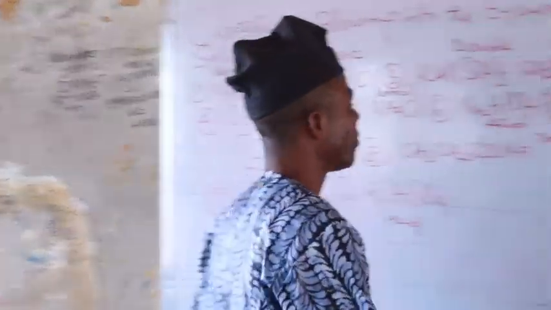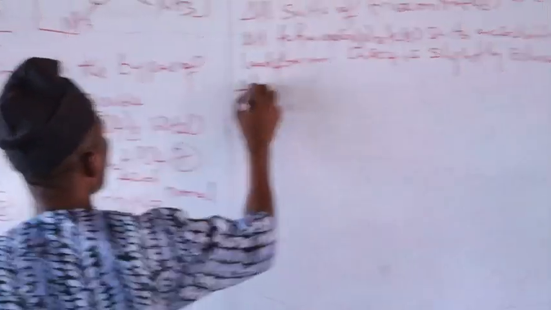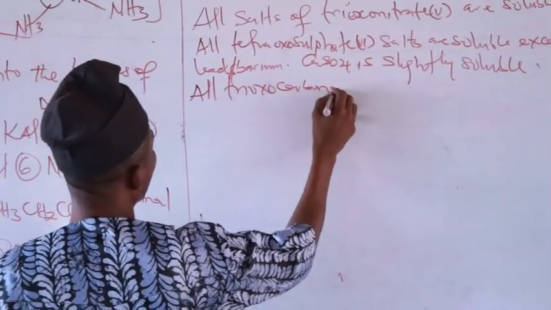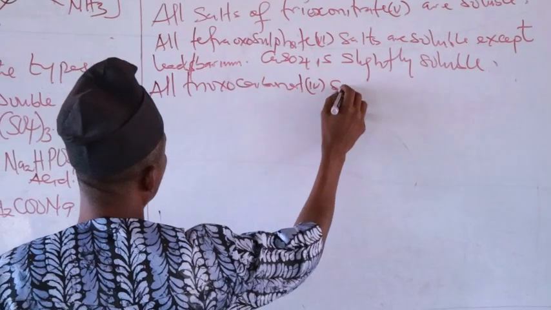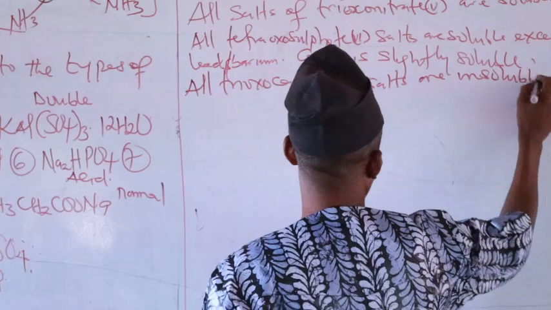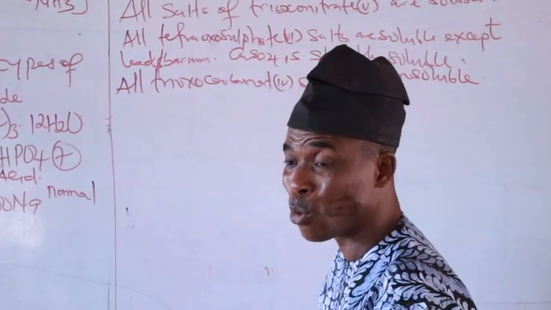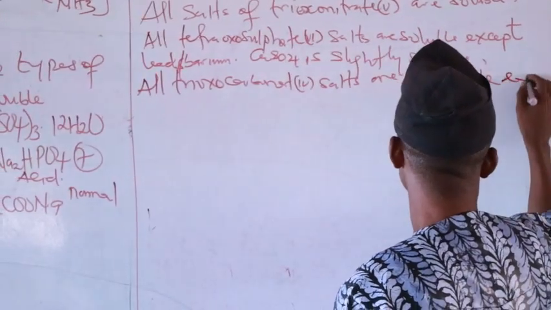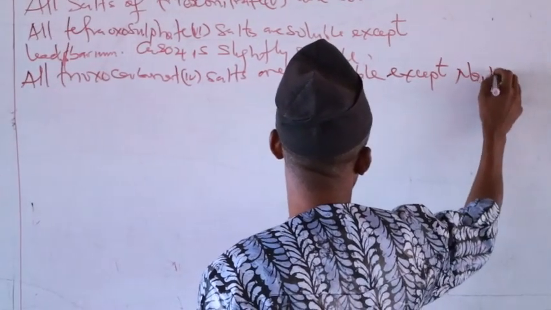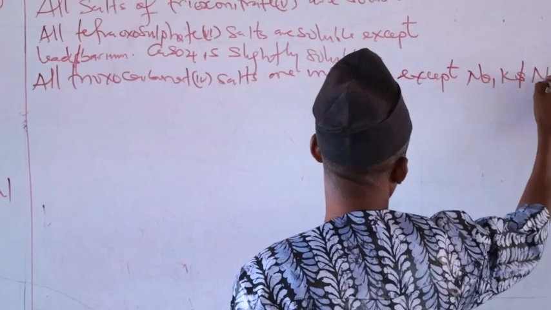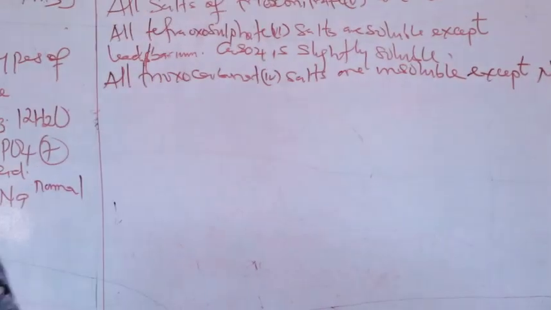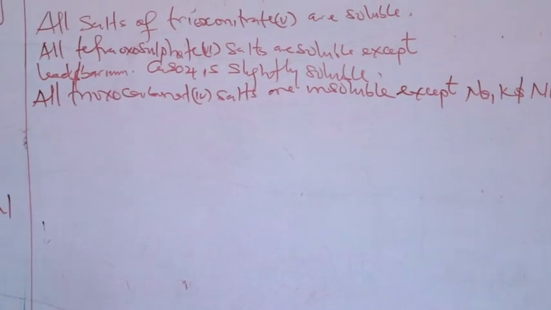Now let's look at all trioxocarbonate 4 salts. They are insoluble. This one is what? Insoluble. Except those of sodium, potassium and ammonium. All ammonium salts are soluble.